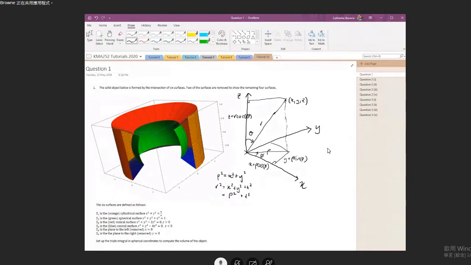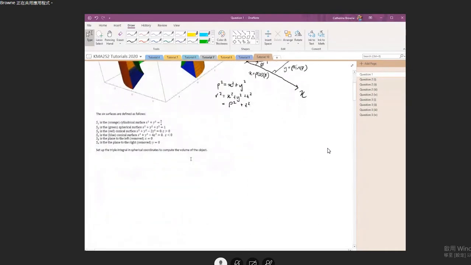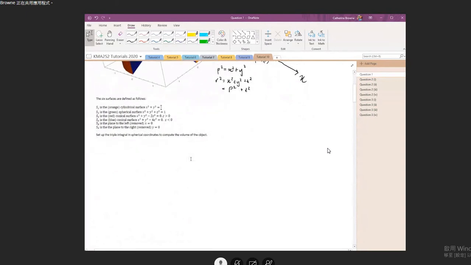So what we want to do is integrate this, or set up the integral at the very least, to find the volume of this object. And so we need to set up a triple integral. So for this question, I thought about the surfaces a bit more.